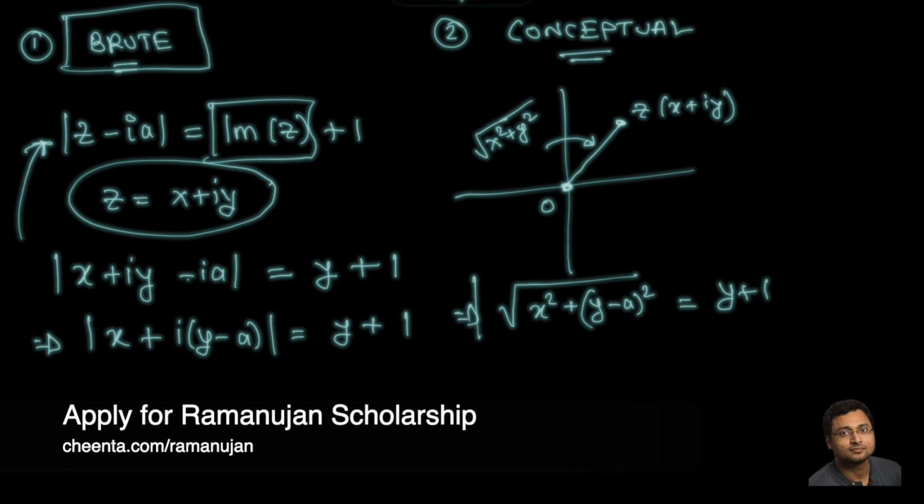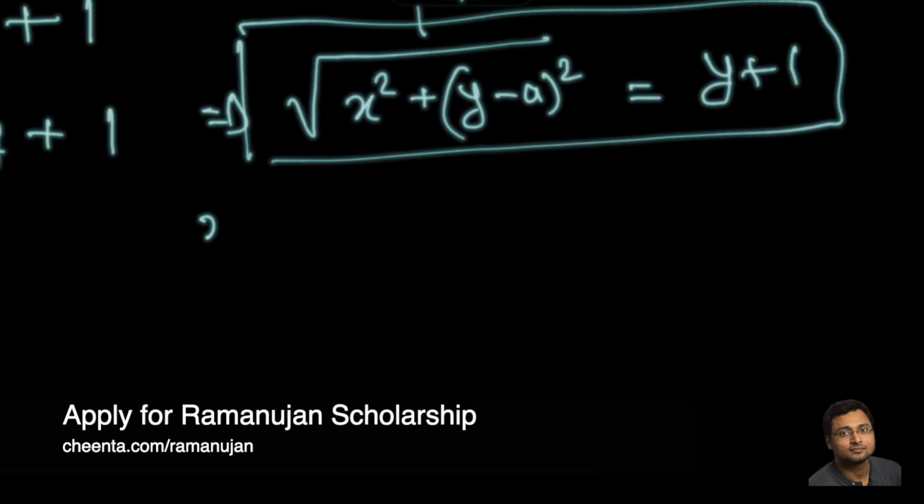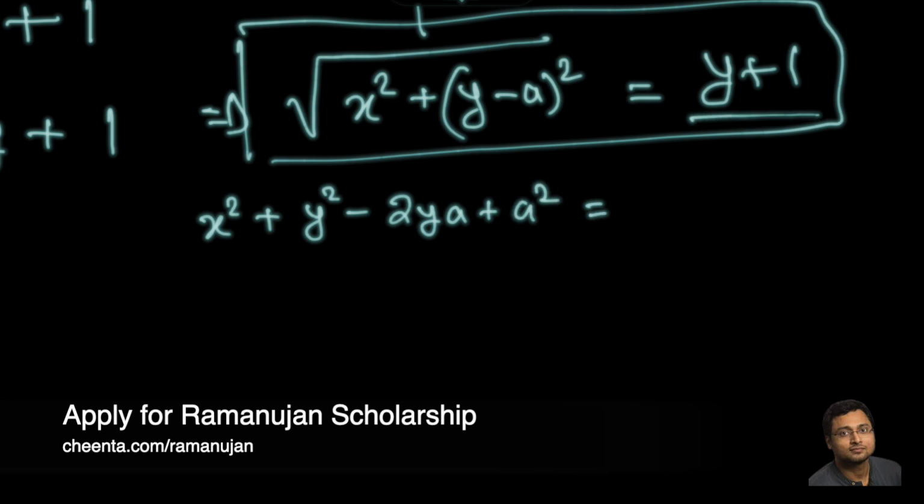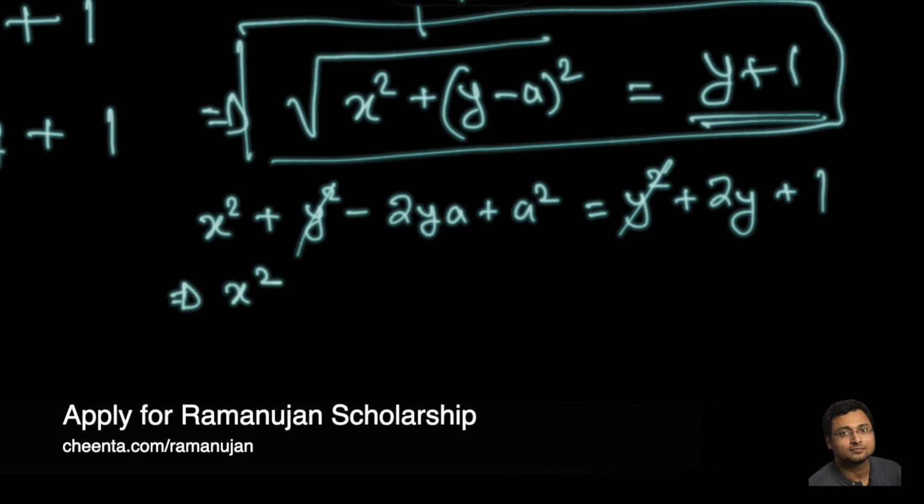Now you can simply square both sides to get x square plus y square minus 2ya plus a square equals, squaring the right side, y square plus 2y plus 1. The y square and y square cancel, and you get x square equals 2ya plus 2y plus 1 minus a square.